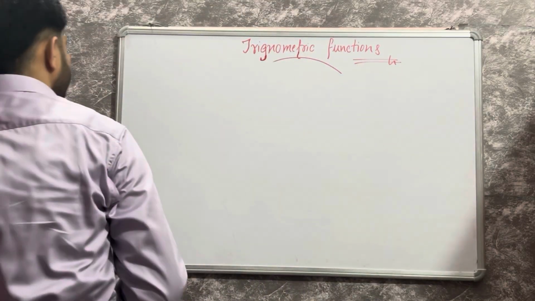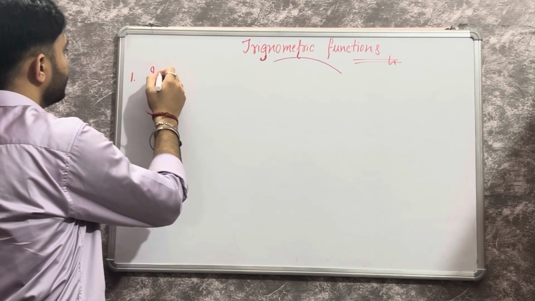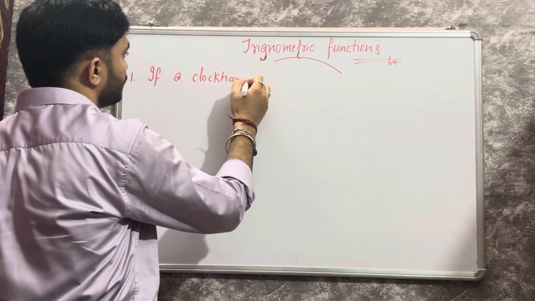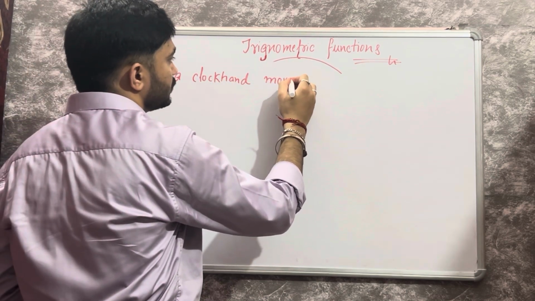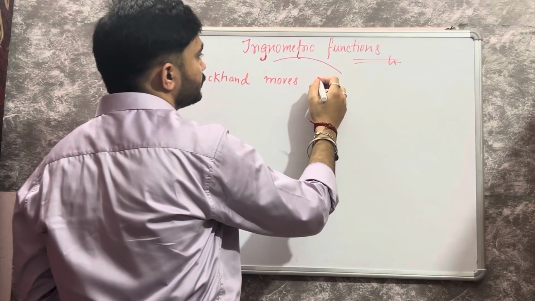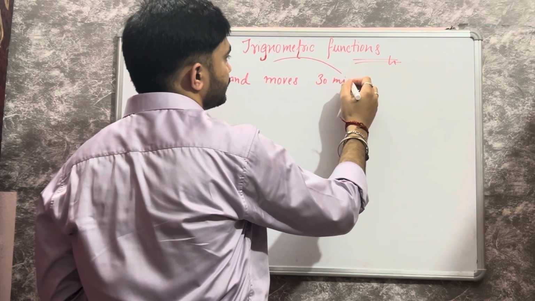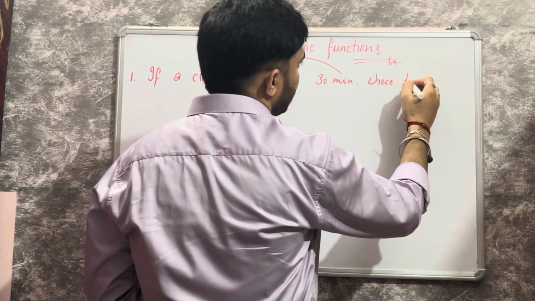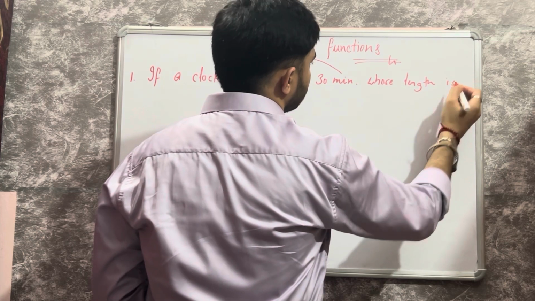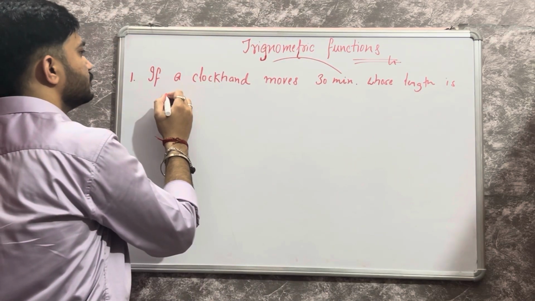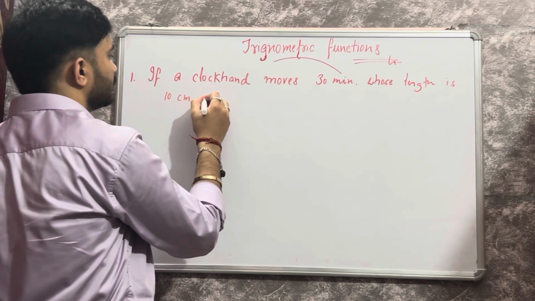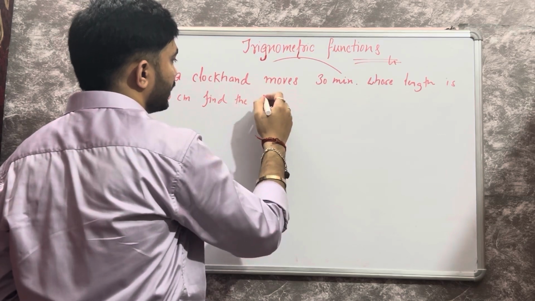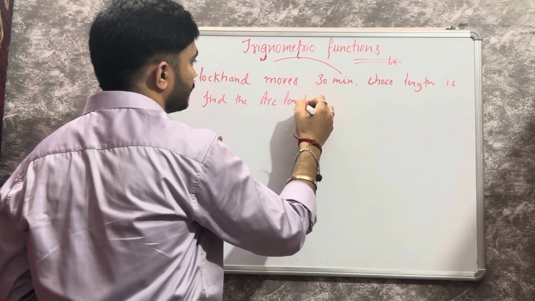So the first question will be, if a clock hand whose length is 10 centimeter moves 30 minutes, find the arc length of it.